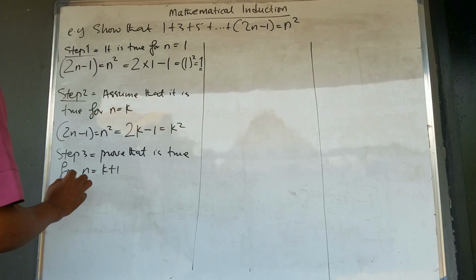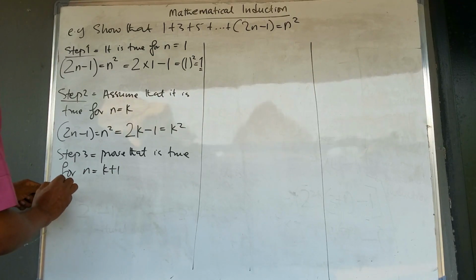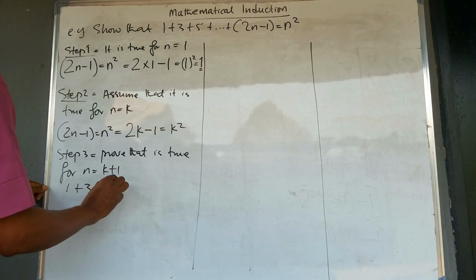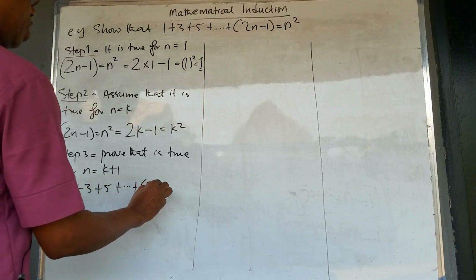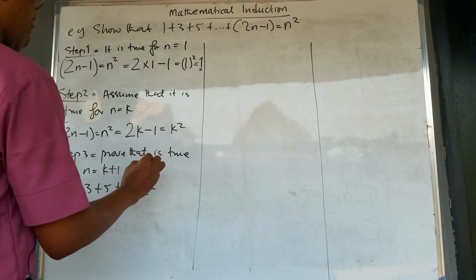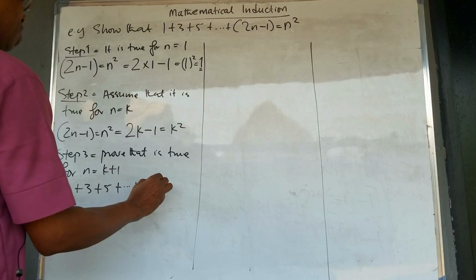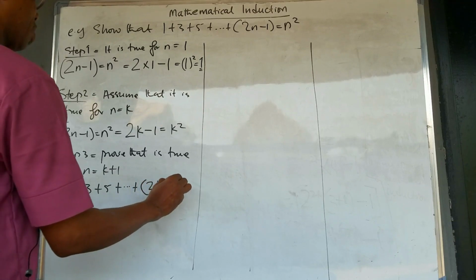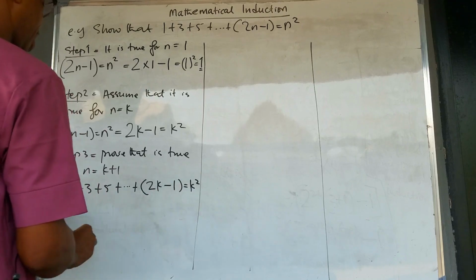So I now have it that, from this statement, 1 plus 3 plus 5 plus 2k minus 1 is equal to k squared.